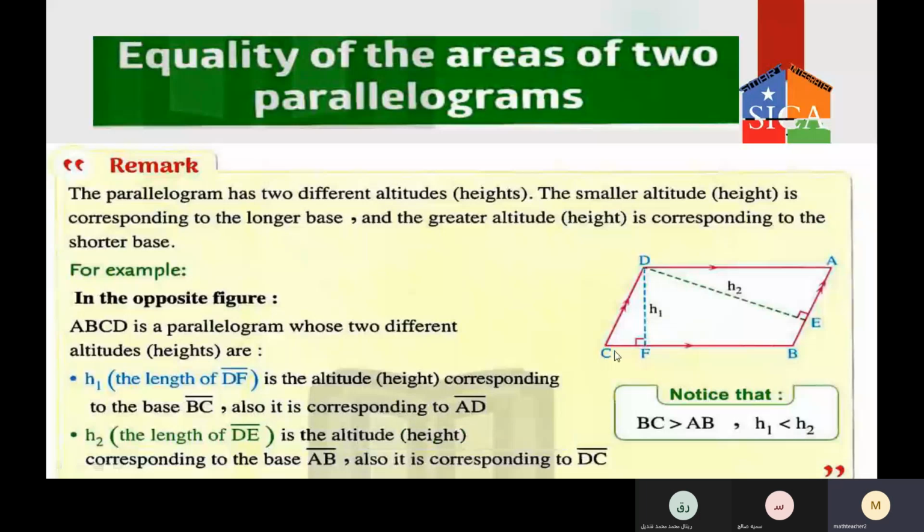The base BC, its corresponding height is DF, which is called H1, and the base AB has H2 height, which is DE. The relation between the two heights and the two bases: the greater base corresponds to the smaller height and the smaller base corresponds to the greater height, as we see.